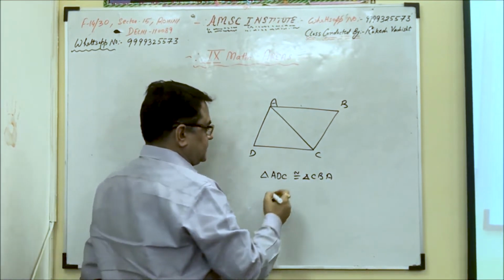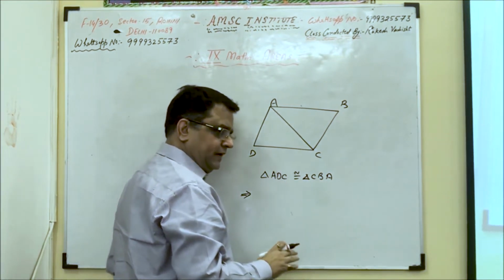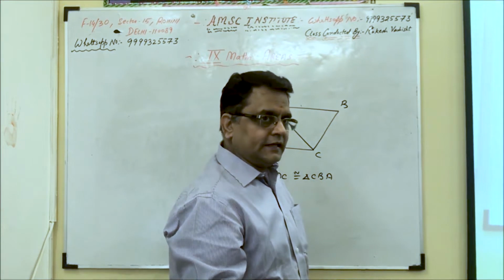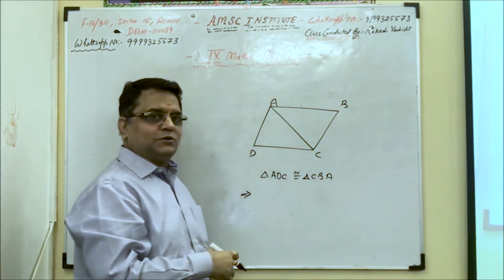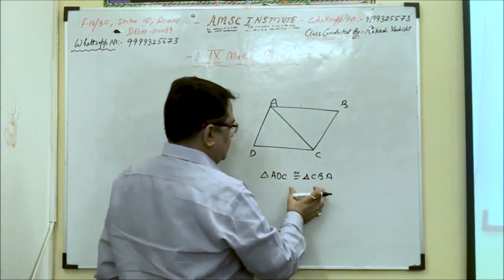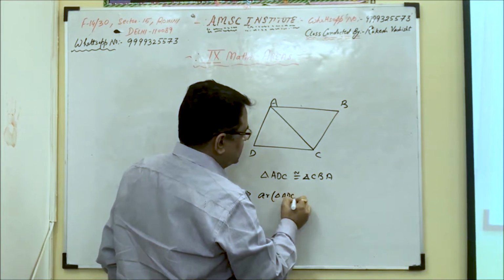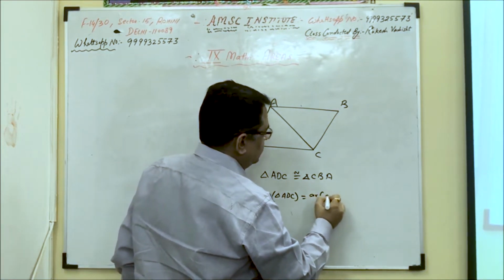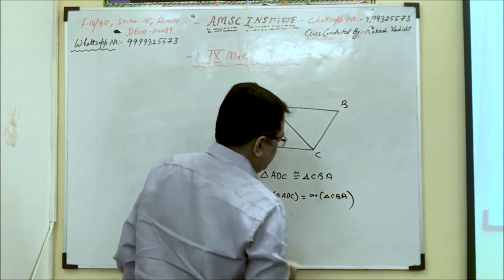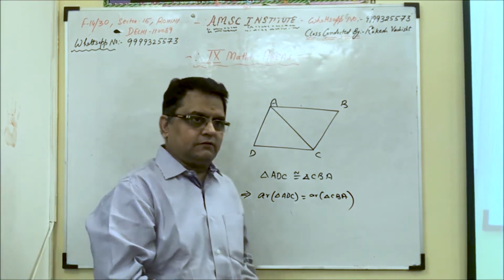If the triangles are congruent, that means they are absolutely identical, and identical means their areas will also be the same. So the area of both the triangles are equal.